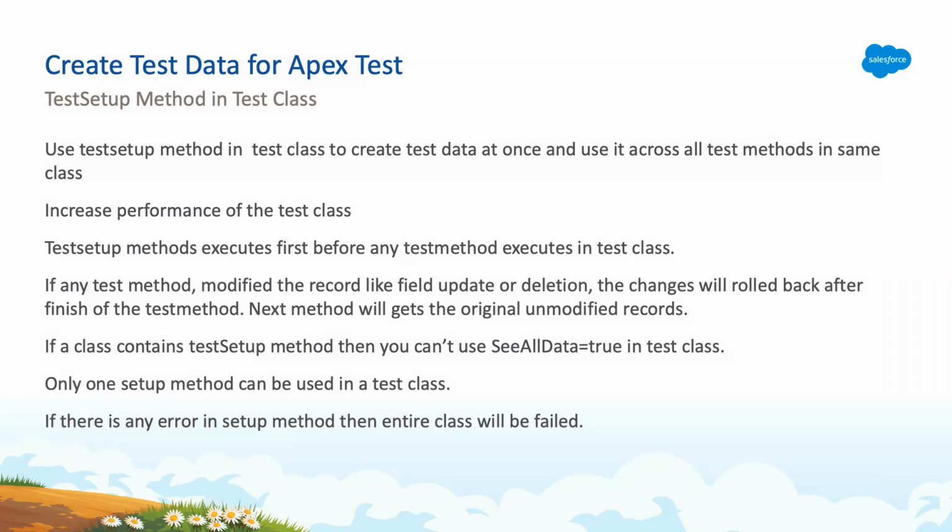Those changes will be rolled back after finishing the particular test method. In the next method, it will get the original unmodified records, so we will get a fresh data set for each and every test method.